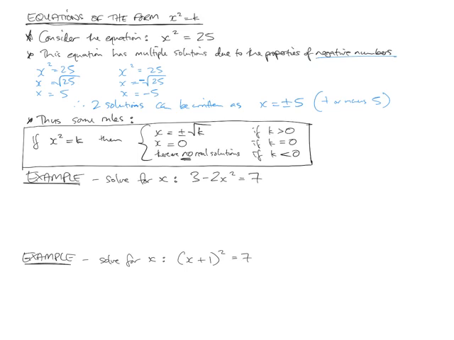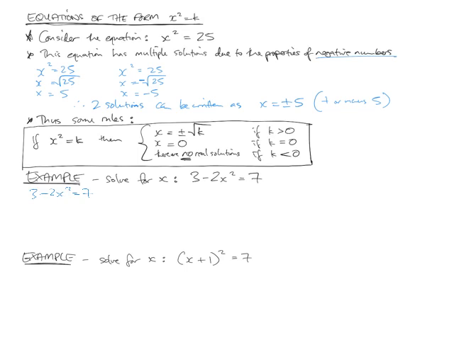So you have to apply algebra, as you've always known, linear equations that you've done before, but then you have to apply these rules afterwards, okay? When you get to a point of the equation being x squared is equal to k, or x squared is equal to something. So we've got 3 take 2x squared is equal to 7.